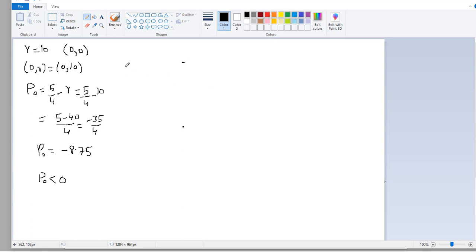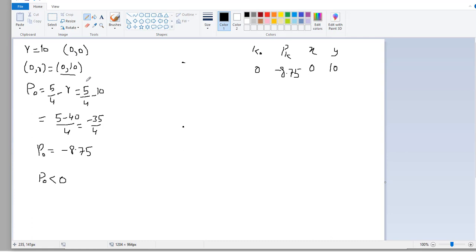Now x is equal to 10. So the first point was what? The first point, if I draw it here, x and y and pk, and k. So k is equal to 0. Pk was P0, which is minus 8.75. X was what? We started with x is equal to 0. What was y? Y was equal to 10, because this was our first point, 0, R. So y is equal to 10.